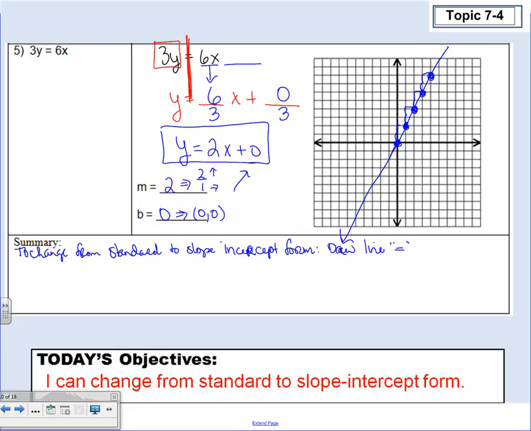Notice I'm doing shortcuts. Next, we boxed in our y. Oh no, I'm sorry. Next, we wrote the y equals blank x plus blank.